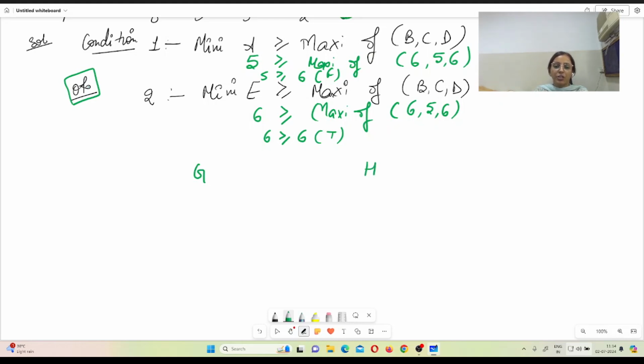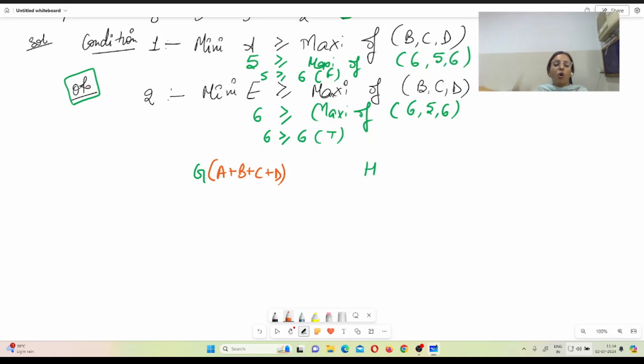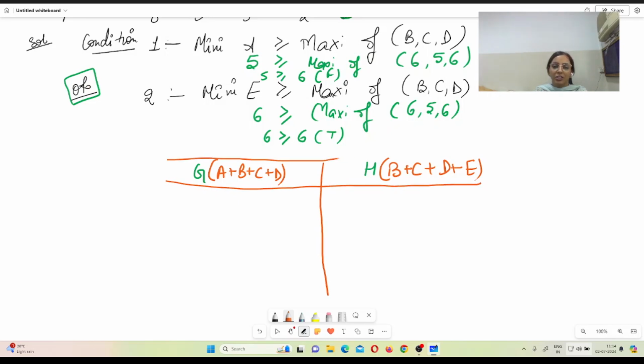We convert these machines into two categories, G and H. For the G category, we have to add the values: in G, we add the processing times of machines A, B, C, and D. For H, we leave out machine A and add the rest of the machines, that is B, C, D, and the last one, E. This is the way of converting the above 5 machines into the 2 machines, G and H.